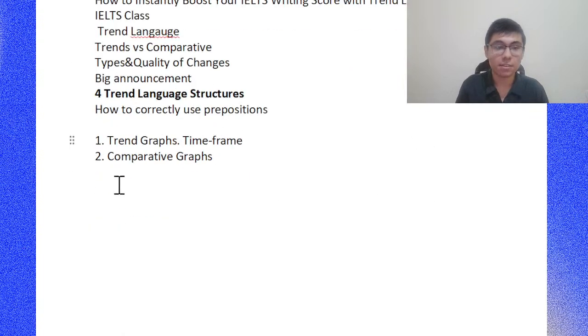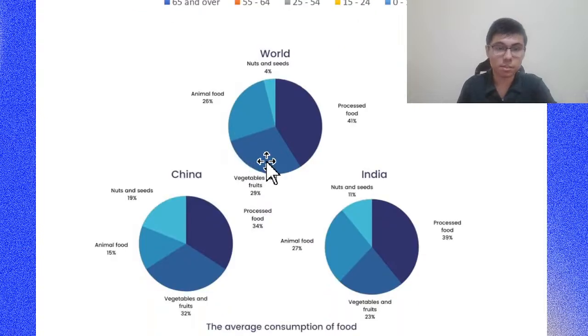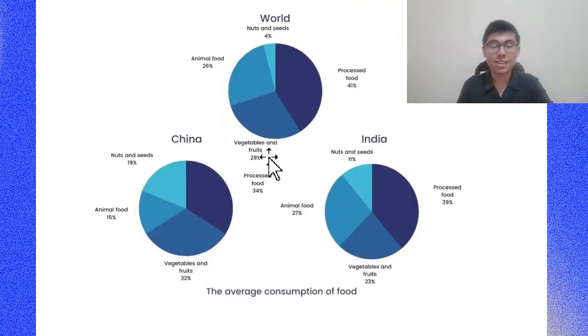And then there is another type of graphs, which is comparative graphs. In comparative graphs, you don't have time change. For example, in this pie chart, there is no time change. It's just showing the average consumption of food in China, India, and the world.